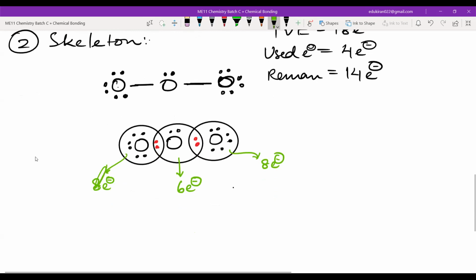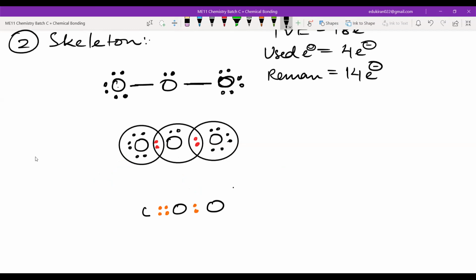Now, after these oxygens have shared electrons with the central oxygen atom, you can see it like this. Let's say this oxygen has shared. So oxygen, and then you will have 1, 2, 3, 4, 5, 6 oxygen and oxygen. So this oxygen has shared 2 electrons.